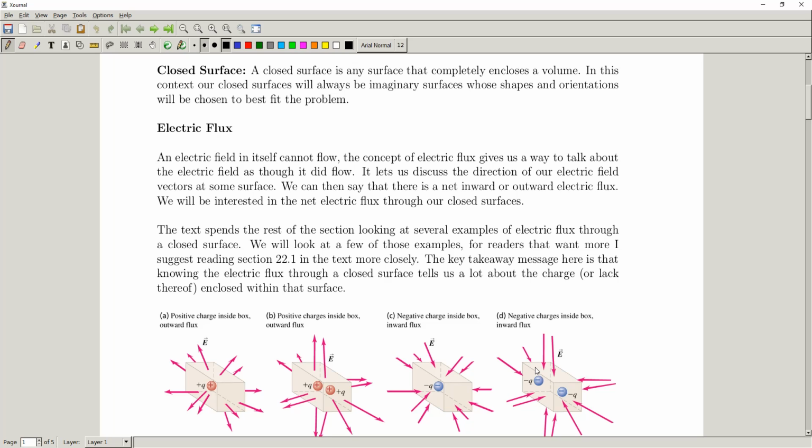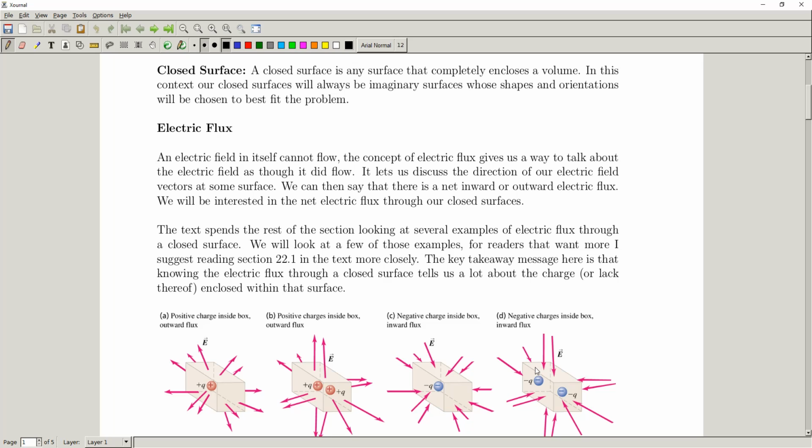Once we talk about the flow of our electric flux, which is really just the direction in which our electric field points at all those places, and we imagine that it could flow, we can talk about things like, is there a net inward or outward electric flux, right? We're going to want to look at questions like that, because that's going to give us information about the charge enclosed in these closed surfaces.